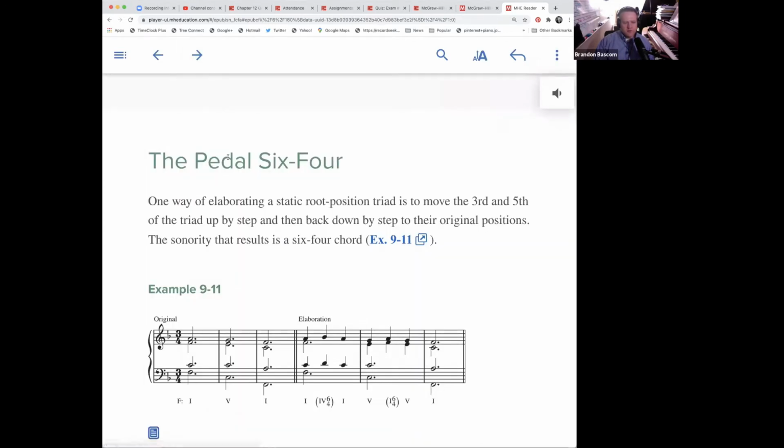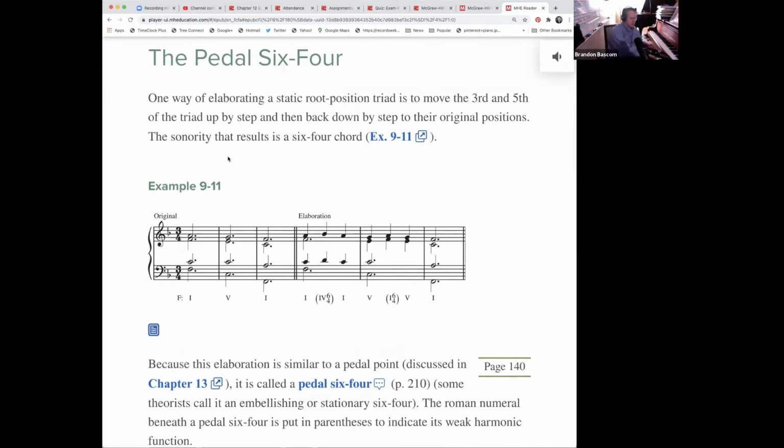Pedal 6/4. The pedal note stays the same, but everything else moves.